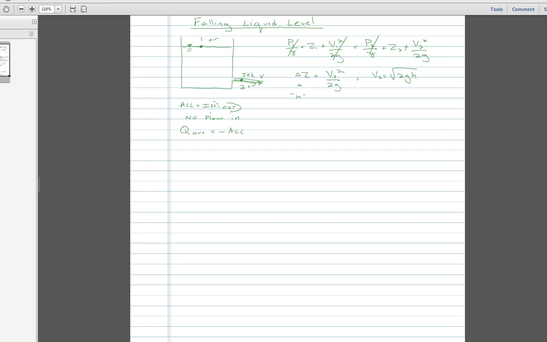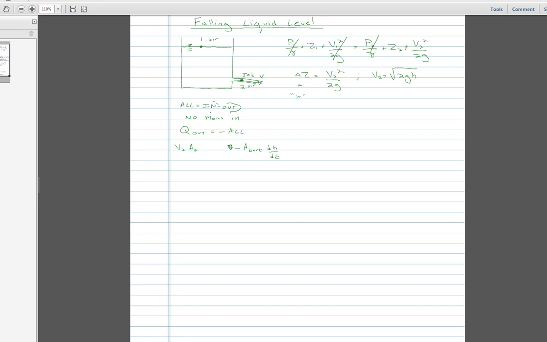As it was presented in the slide prior to this example, the flow rate out term is V2A2. That's the flow rate out, and the accumulation term is negative the area of the tank dH/dt.